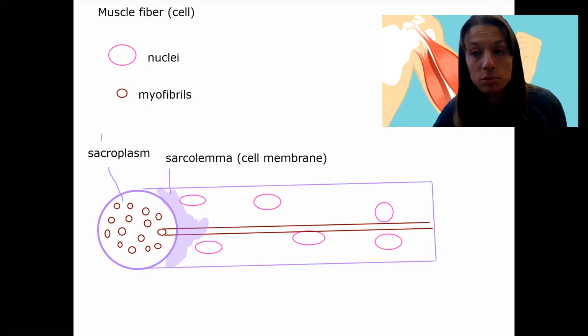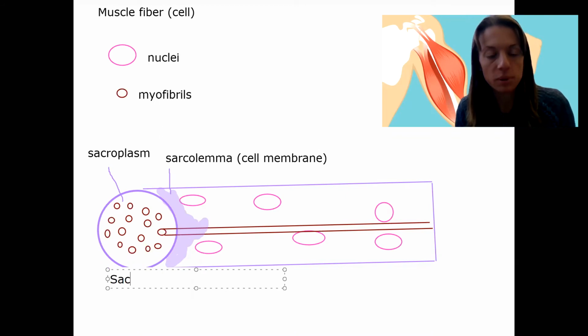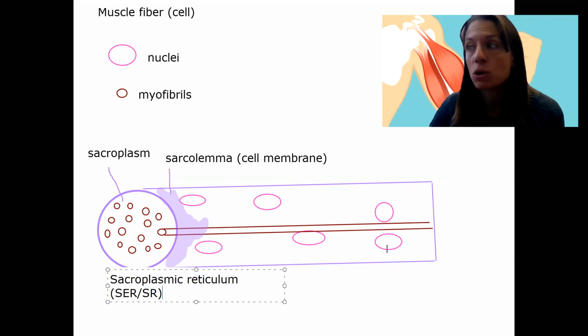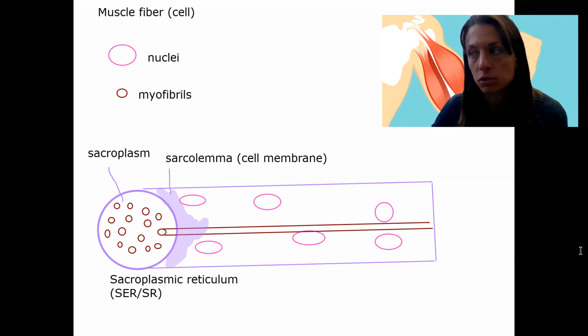Myofibrils are one of those specialized structures. Another organelle in the muscle is going to be the sarcoplasmic reticulum. Yes, that is like the endoplasmic reticulum, but specific to a muscle cell. SER or SR, you'll see it's abbreviated. This is a specialized organelle in the muscle cell where there's going to be storage of calcium molecules. That's really important for contraction.